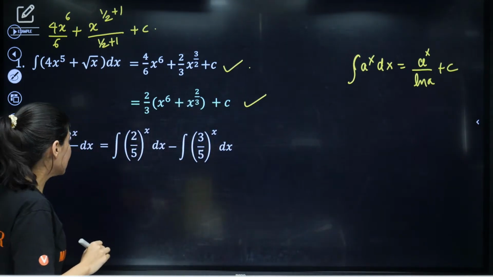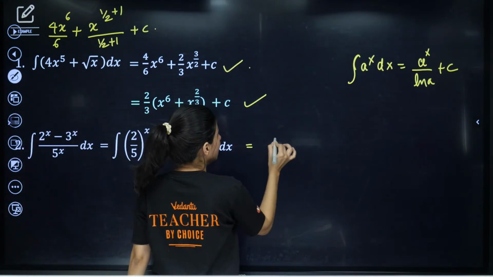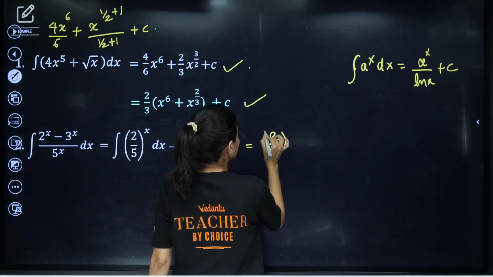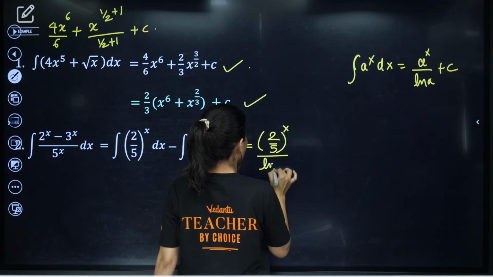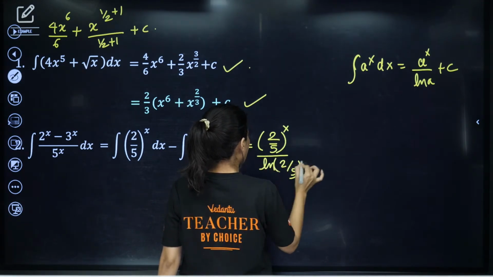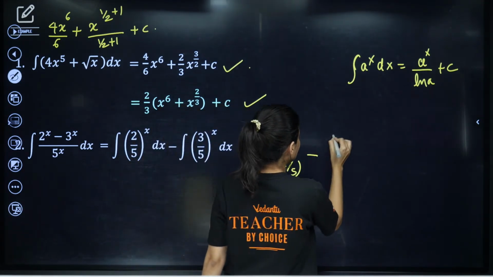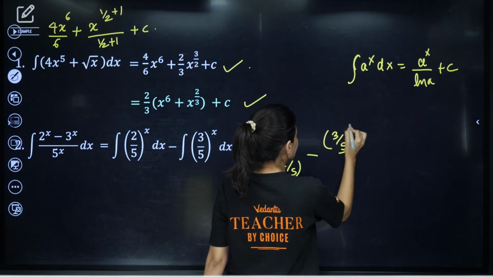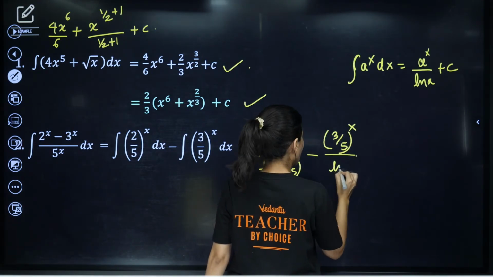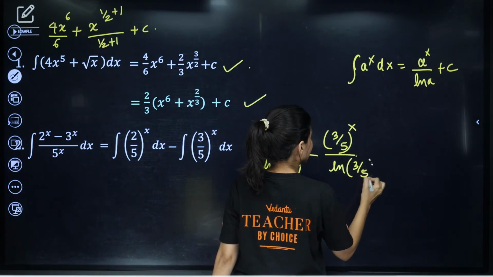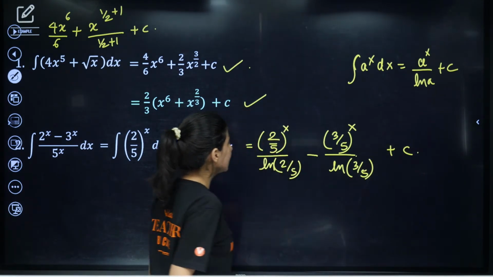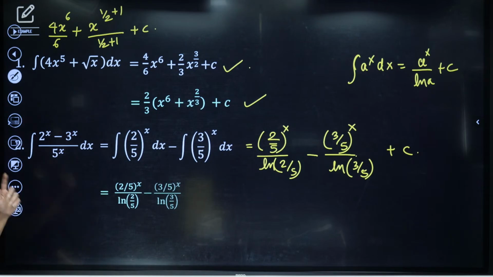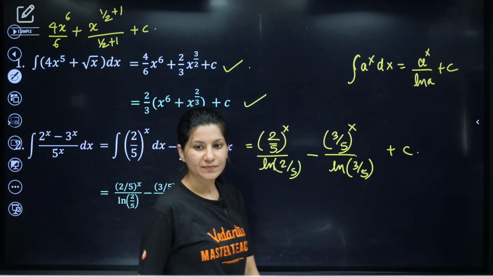So this is going to become 2 by 5 raised to power x upon log of 2 by 5, minus 3 by 5 raised to power x upon log of 3 by 5, plus constant of integration.